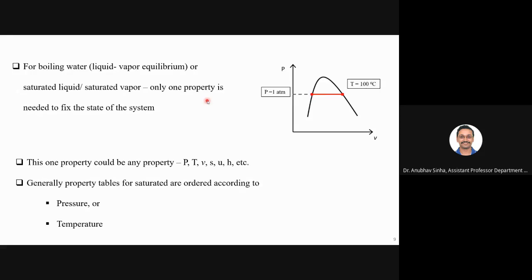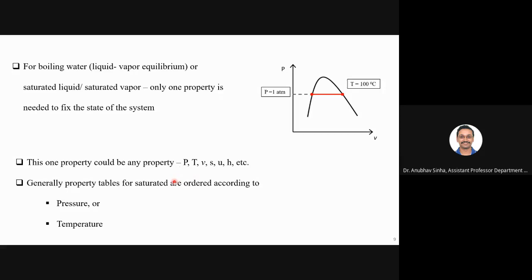That one property need not be only pressure or temperature. If you know the volume also, that is also fixed. So we can have either pressure, temperature, volume, entropy, internal energy, enthalpy, etc. If you know any one property, then the state of the system is fixed. You don't need to know more properties. This one only is sufficient.